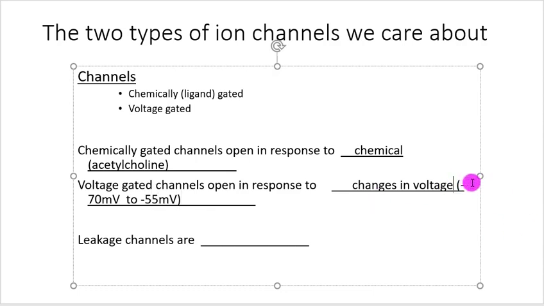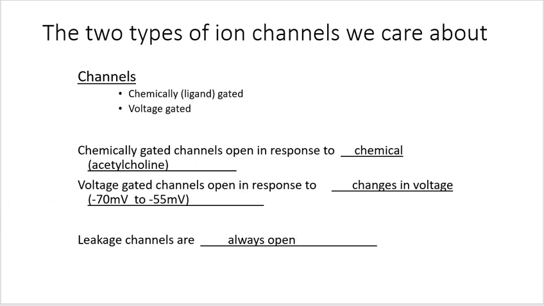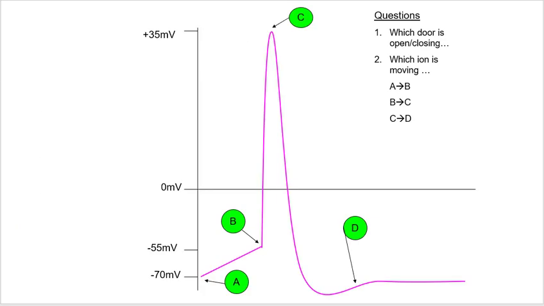That is the big change that needs to occur in order for us to open up voltage gated doors. Now, leakage channels are always open. And again, there's not a lot of them. Don't think that they're all over the place. There's not a lot, but they definitely are there, and we have to be aware of those.